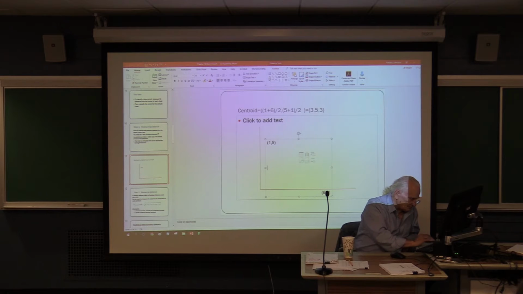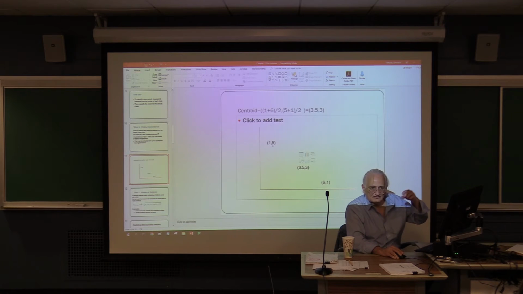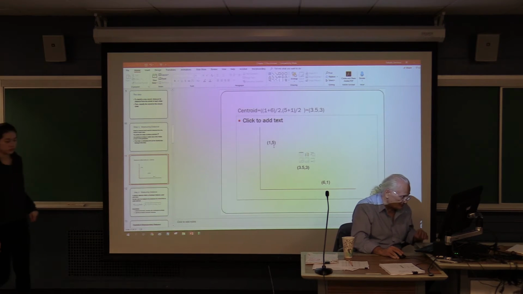Okay, so let's approximate. So this is the centroid, (3.5, 3). Right? So that's the centroid, it's a dot here. It doesn't matter how many dimensions you have, in 10-dimensional space or 4-dimensional space.